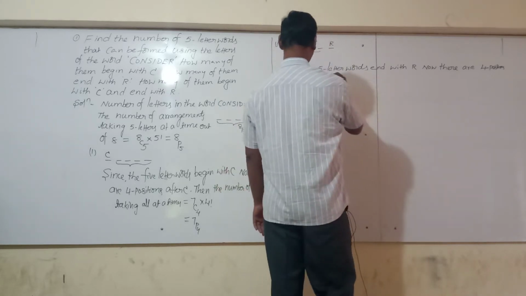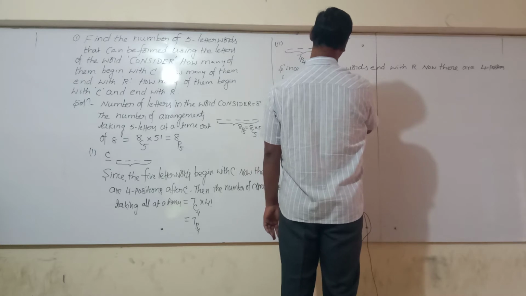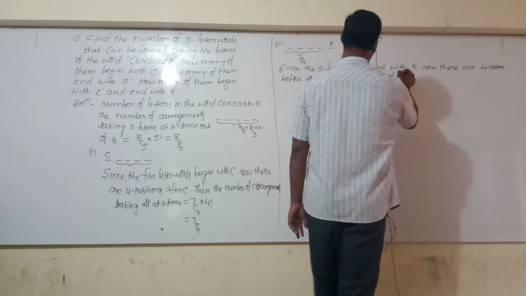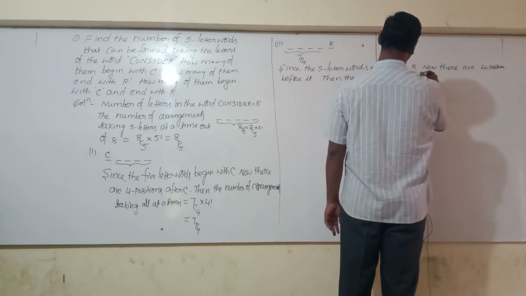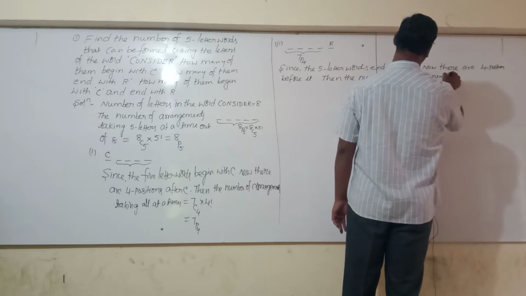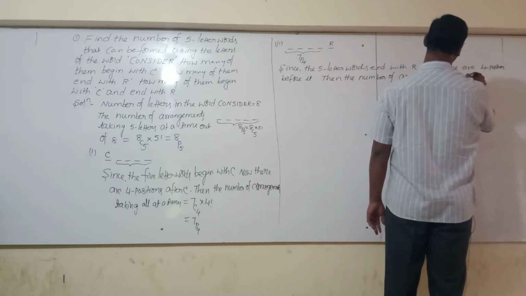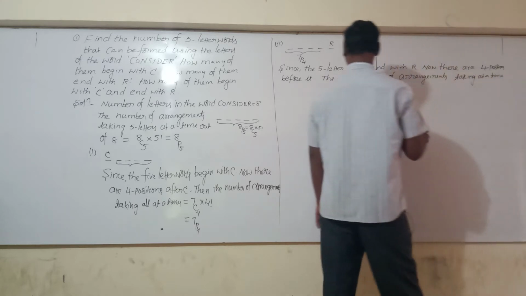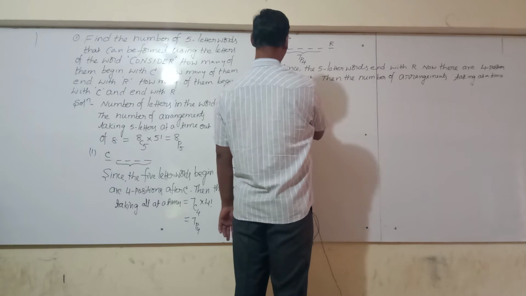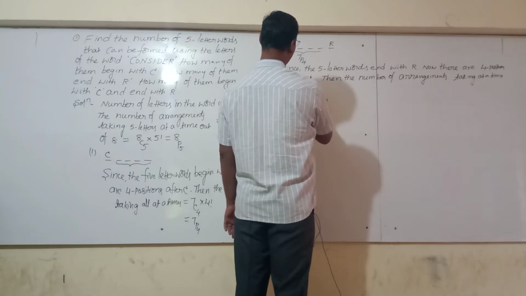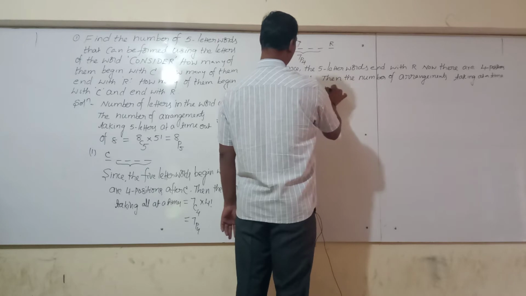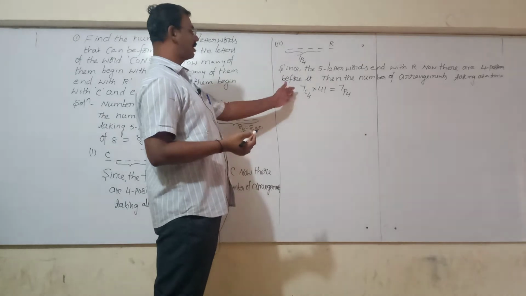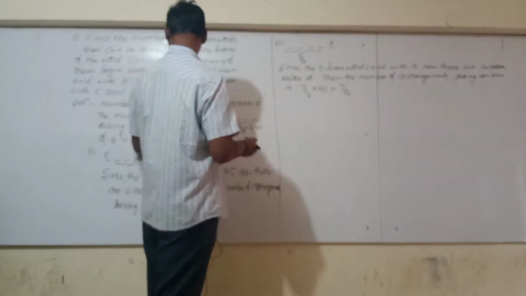Then the number of arrangements taking 4 at a time is, what is the answer? 7C4 into 4 factorial. This is also nothing but 7P4, the answer. Selection with arrangement.